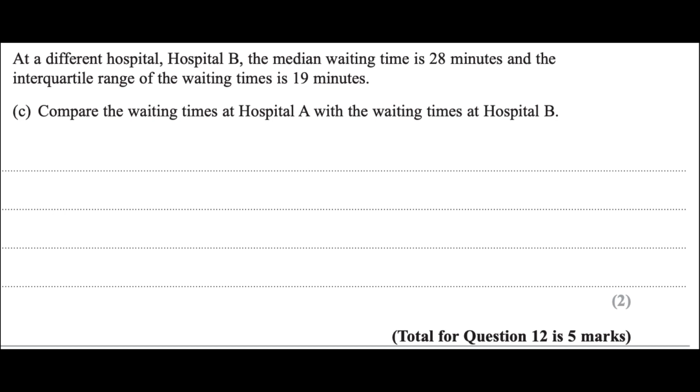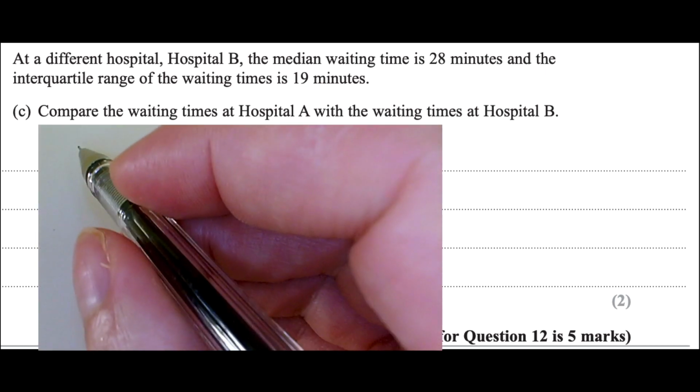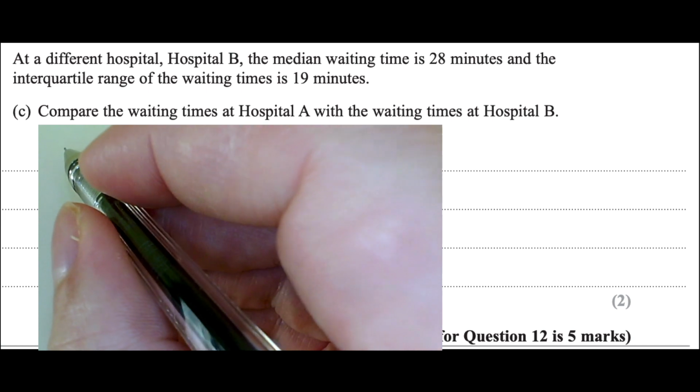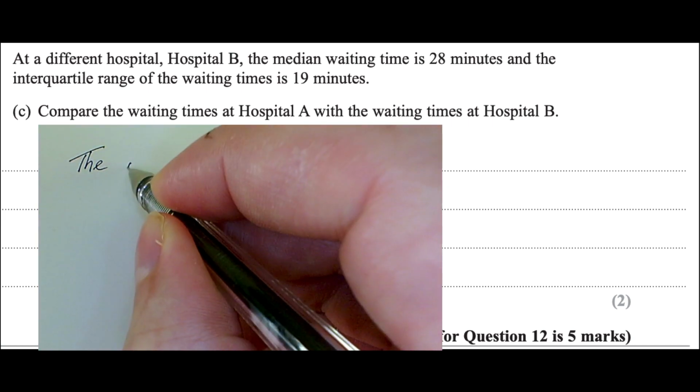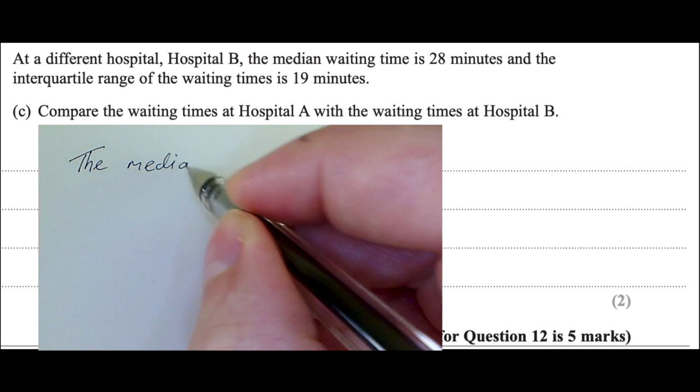We've worked out the median and the interquartile range for Hospital A, and they've given it for Hospital B. So the obvious thing to do is to compare both. Write down Hospital A and B's median waiting times, the average waiting times, and make that comparison. Say which one's bigger than which. I'm going to write the full sentences, but that's what I'm going to be doing.